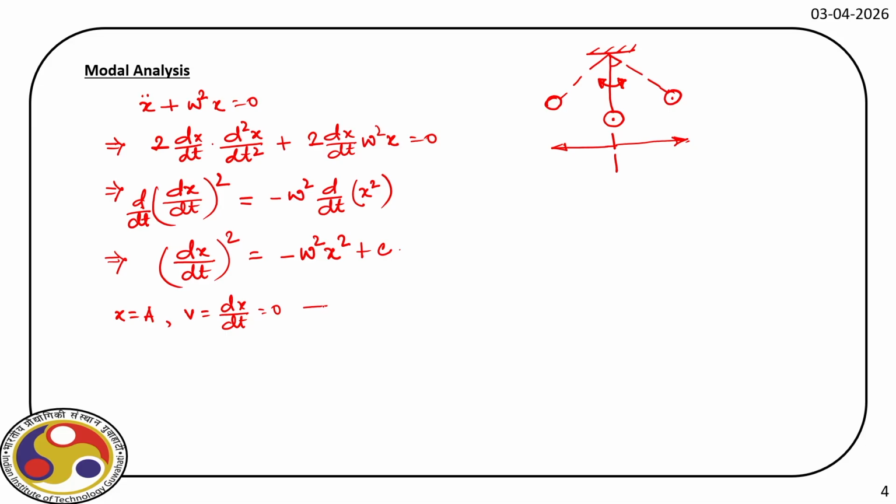So if we apply this condition, what do we get? We get 0 is equal to minus omega square a square plus c. That means c is equal to omega square a square.